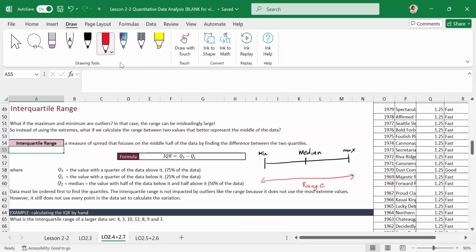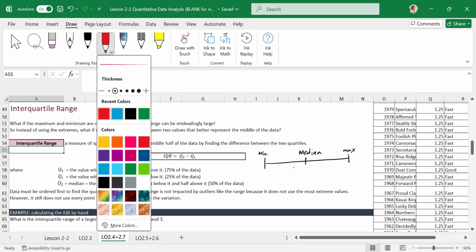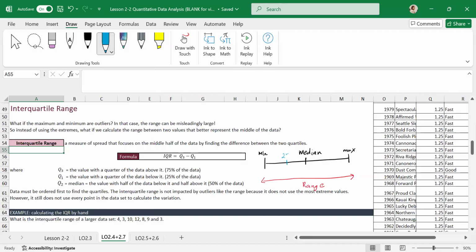Let's cut the data into a little bit more fine pieces that we call quartiles. Quartile meaning quarter. So if we cut the data into quarters, this would be the first 25% of the data, or what they call Q1. And this would be the upper 25, or you could say it's 75% of all the data, and that would be Q3.